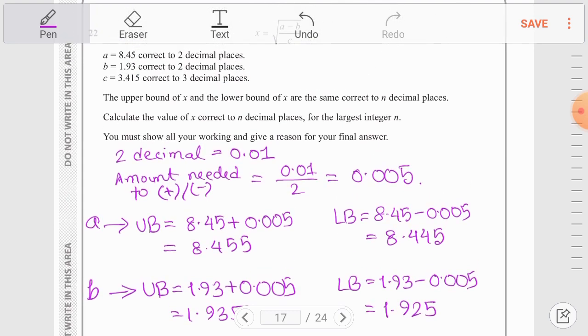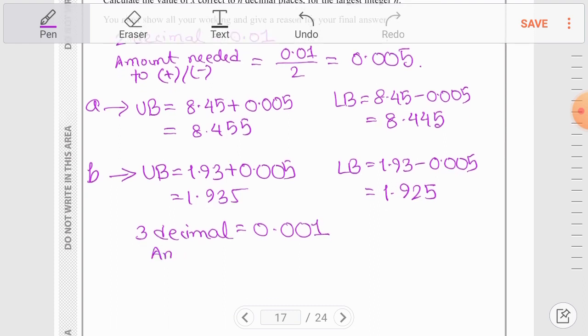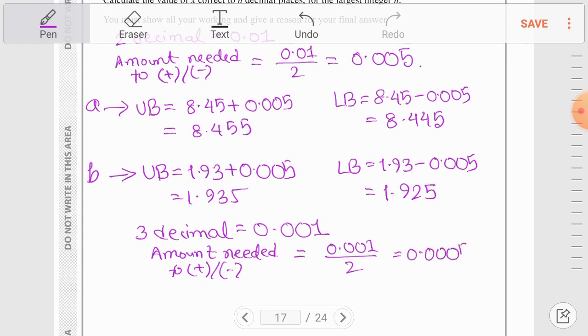But for C, the value of C is 3.415, correct to 3 decimal places. As it is correct to 3 decimal places, the precision level would be different from 2 decimal places. 3 decimal places is equal to 0.001, and the amount needed to add or subtract would be 0.001 divided by 2, and this would give you a value of 0.0005.